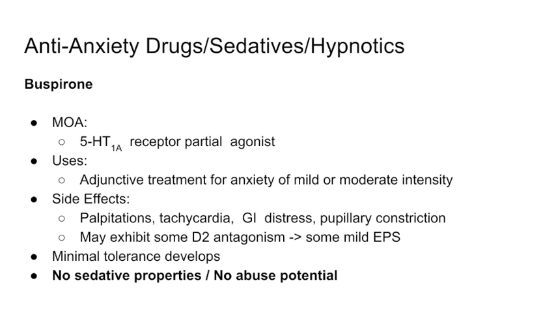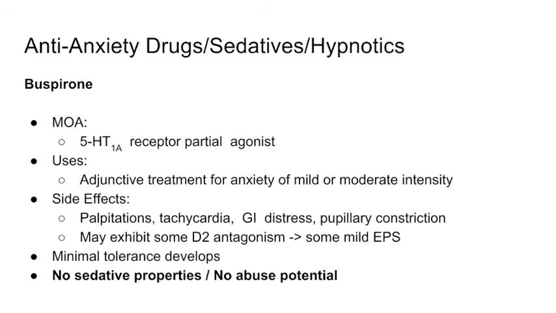So this is sort of the drug of choice in those patients who have a history of substance abuse. Buspirone is actually very useful, but they won't want it, of course, because when a patient comes in for anxiety, sometimes they're looking for something to give them a little bit of sedation, or a better feeling, which is why they tend to gravitate towards the drugs of abuse.